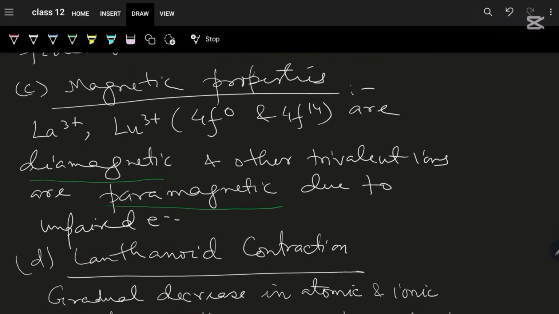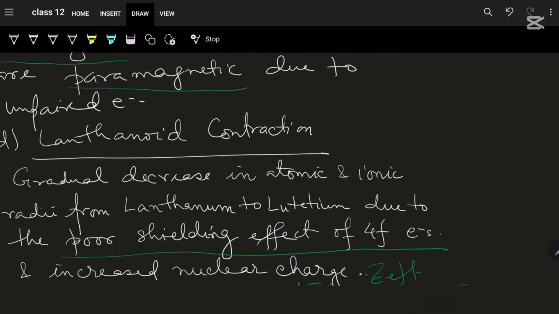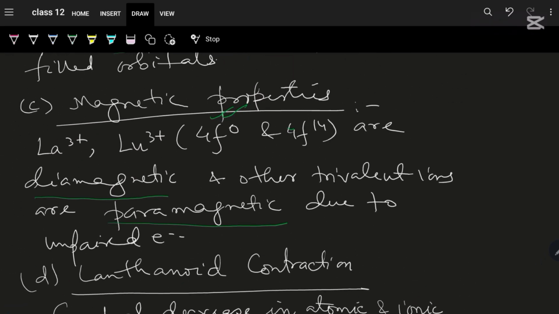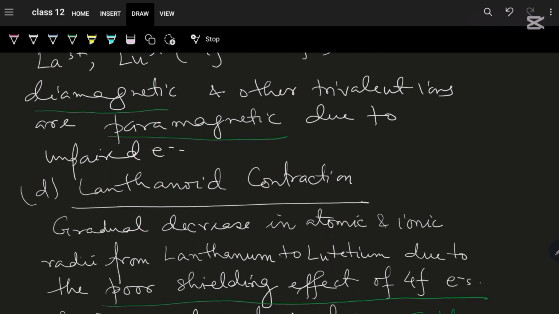Moving on to magnetic properties, La3+ and Lu3+ have electronic configurations 4f0 and 4f14. One is empty, vacant, and the other is completely filled. So they are diamagnetic in nature. They do not have any unpaired electron, but other trivalent ions have unpaired electrons, and so they are paramagnetic.